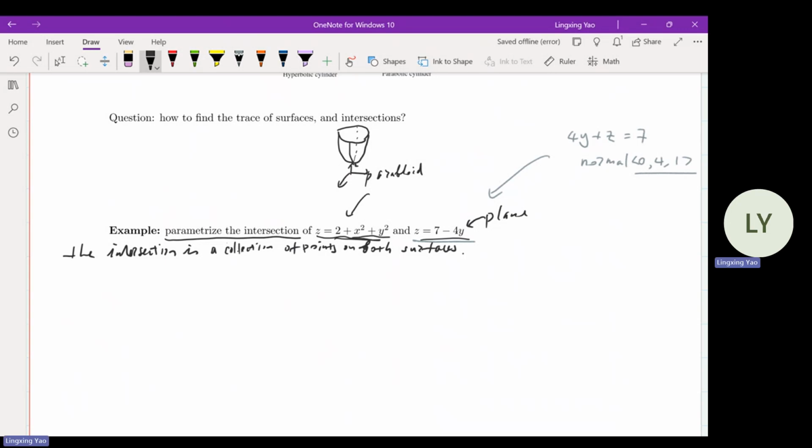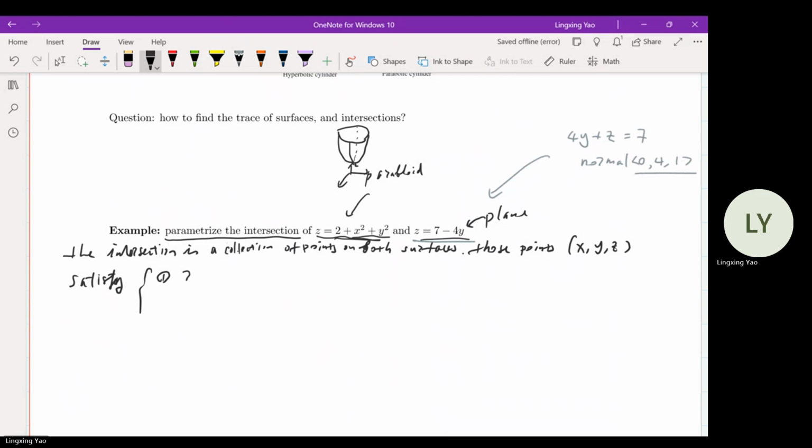And in terms of the mathematical formula and the coordinate system, those points with coordinates x, y, z satisfy both of those two equations.